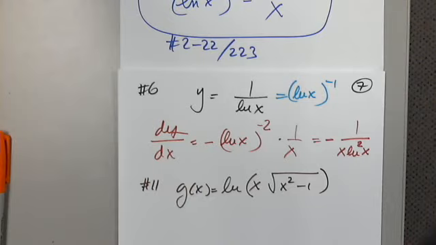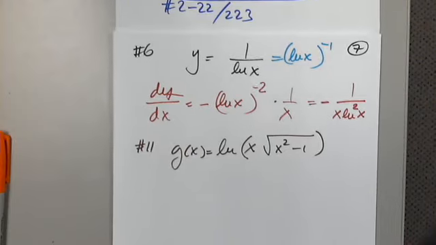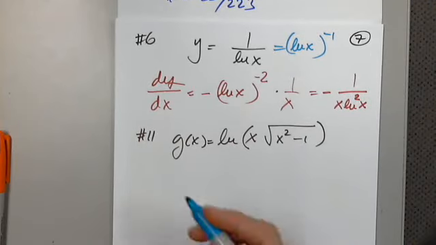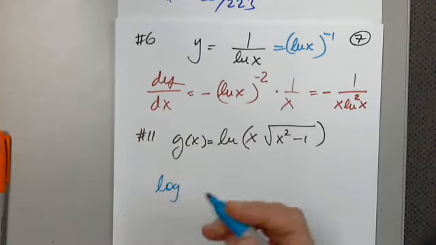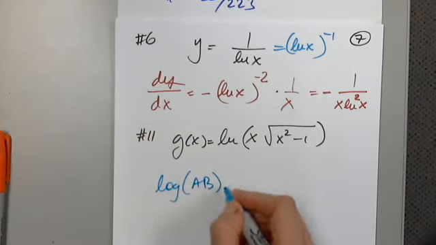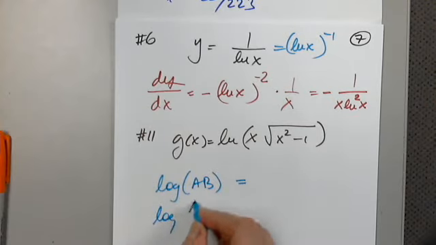Let me refresh your memory on another property of logs. Maybe we should look at both properties. If we have a log in any base of a product, or a log in any base of a ratio, how do we simplify these two?